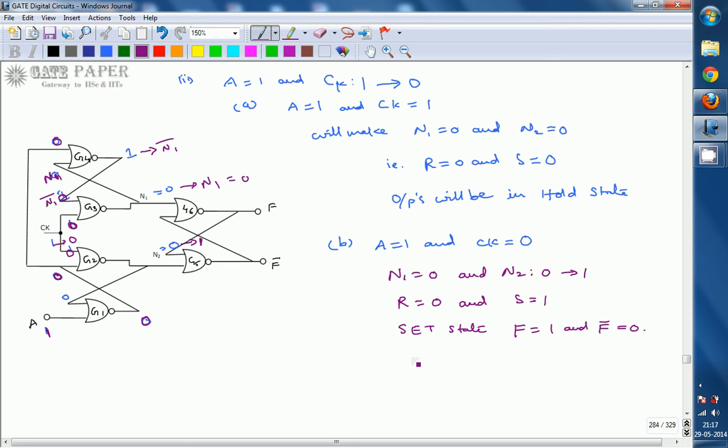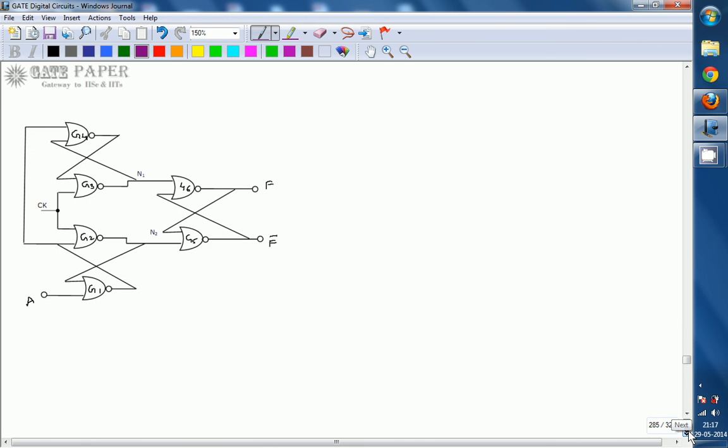So like this you can go for the other two cases also in the same way. In a similar way you go for analyzing, and now I am going to discuss the last one, the performance of this circuit. So the fifth one is circuit performance.